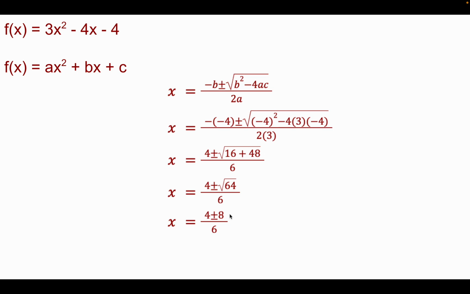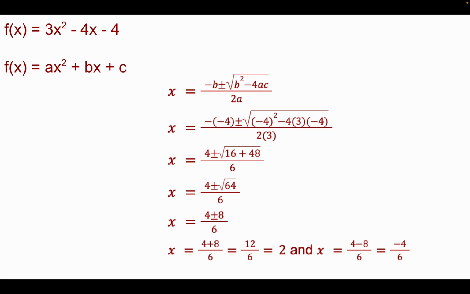Okay, now what we're going to do, because this is plus or minus, is we're actually going to split this into two problems. So the first problem is going to be x equals 4 plus 8 over 6. 4 plus 8 is 12. 12 divided by 6 is 2. Our second problem is going to be 4 minus 8 over 6. 4 minus 8 is negative 4.